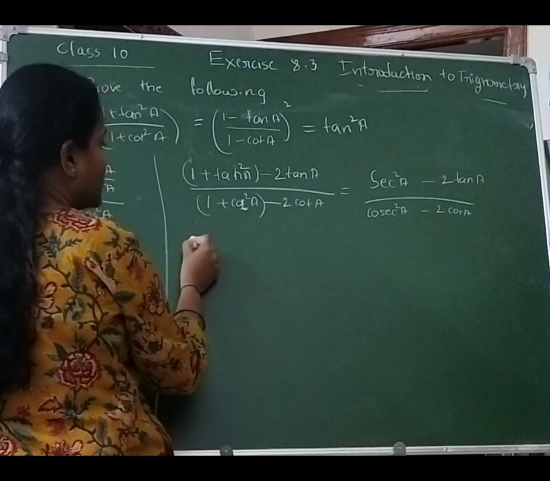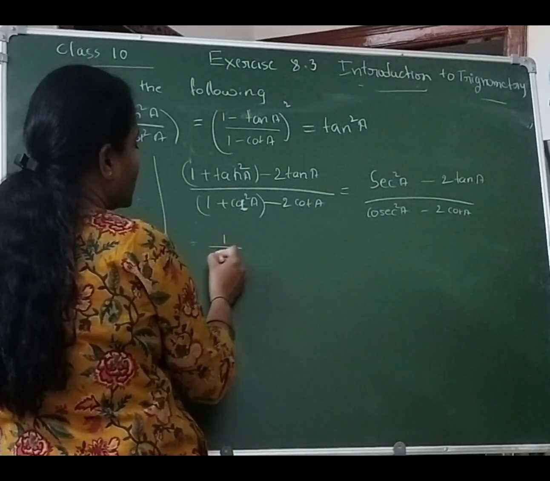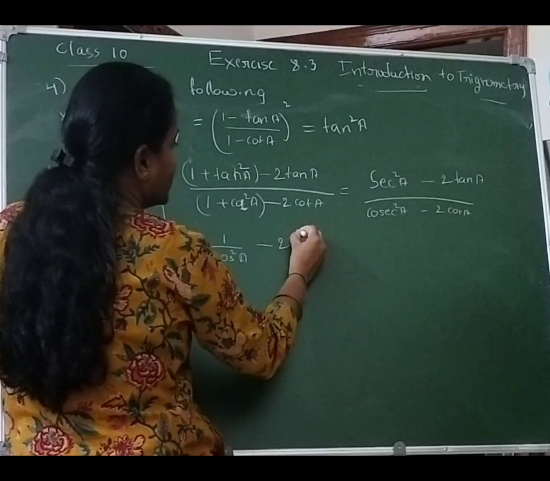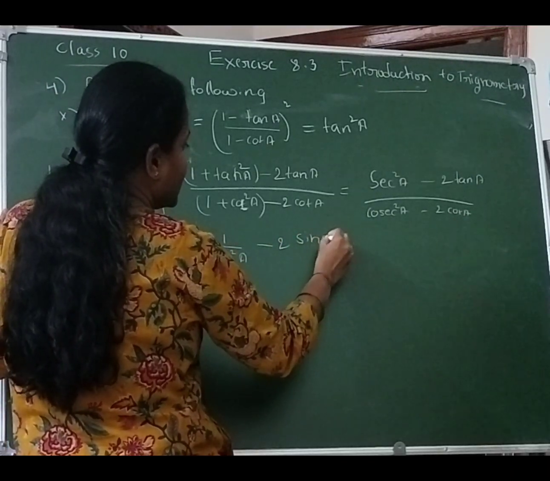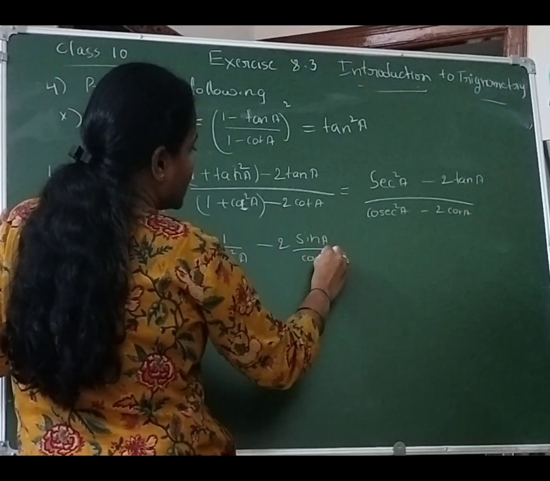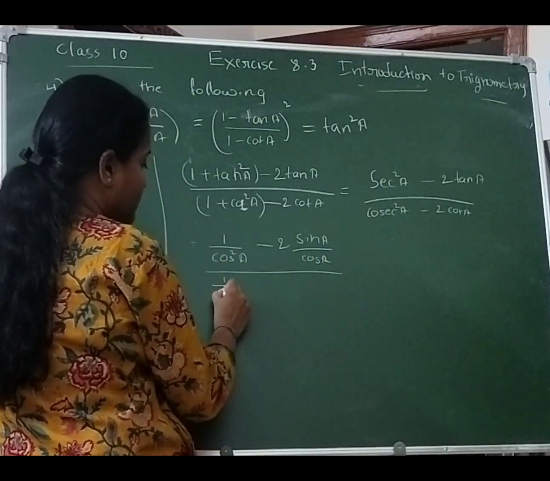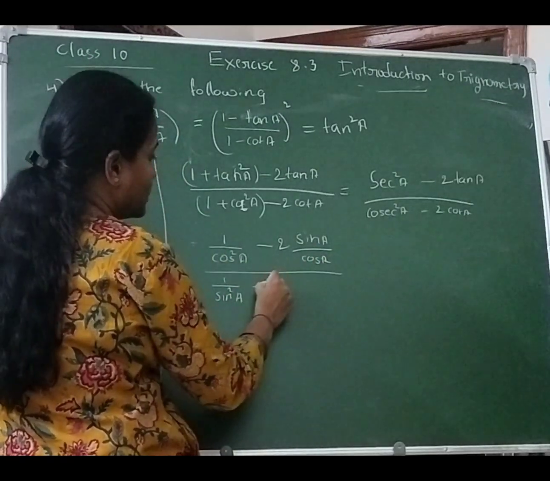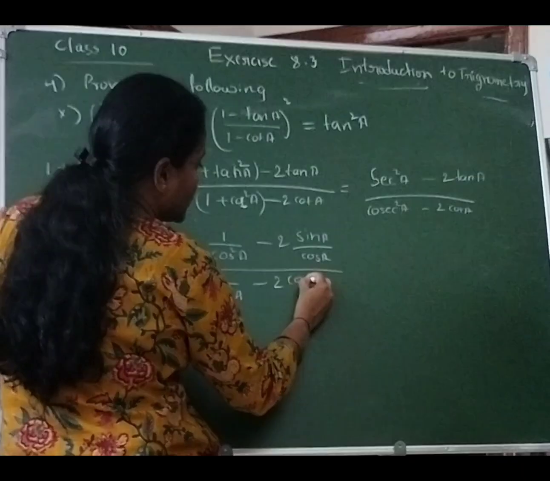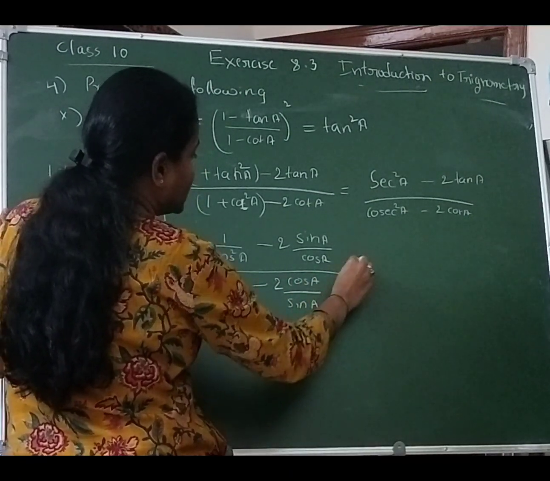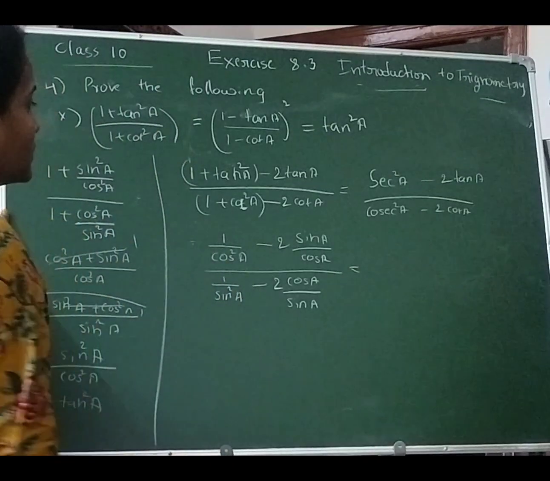So we'll write in the simplified form. So sec is the inverse of cos, right? So it will become (1 by cos square A minus 2 sin A by cos A) divided by (1 by sin square A minus 2 into cos A by sin A). Taking the LCM, next step. So what is the LCM?